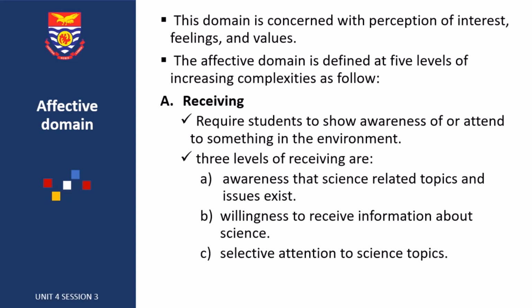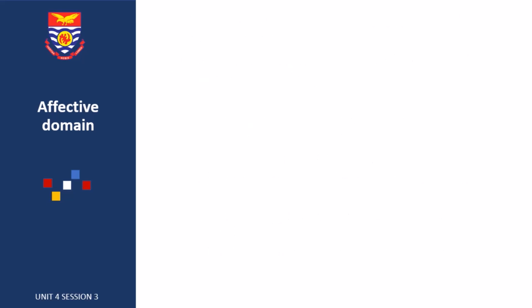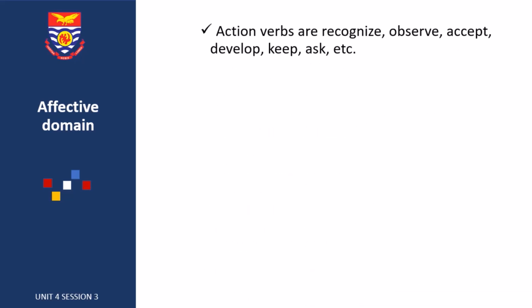So awareness, willingness, and selective attention. If you want to write an objective to reflect receiving, then consider action verbs such as recognize, observe, accept, develop, keep, etc. The next one is responding.